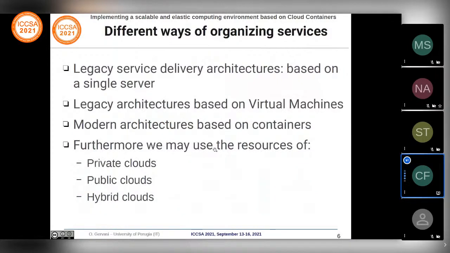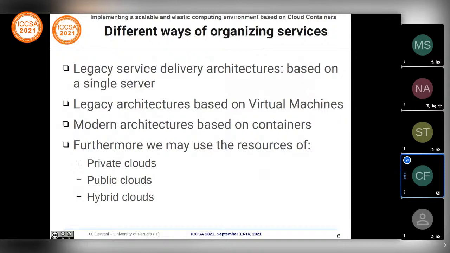Essentially, the ways we may adopt to deploy services are the following. We have the very old legacy service delivered through a single server. You have a computer, you have a server, you install inside the server several applications, several pieces of code, and you run everything inside the server.